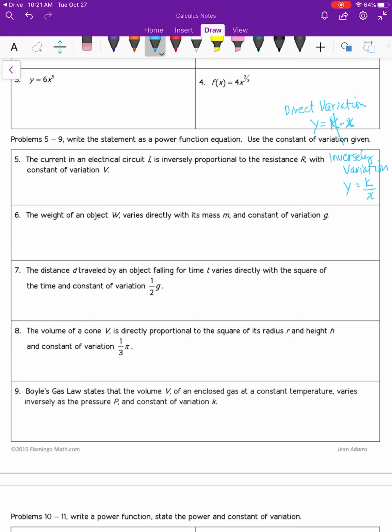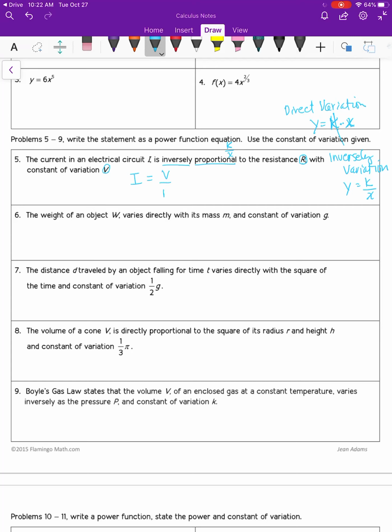So the electrical current, I, is inversely proportional to the resistance R, with a constant of variation v. Inversely proportional, I know that I'm going to have k divided by x. So R is like my x, and v is like my k.